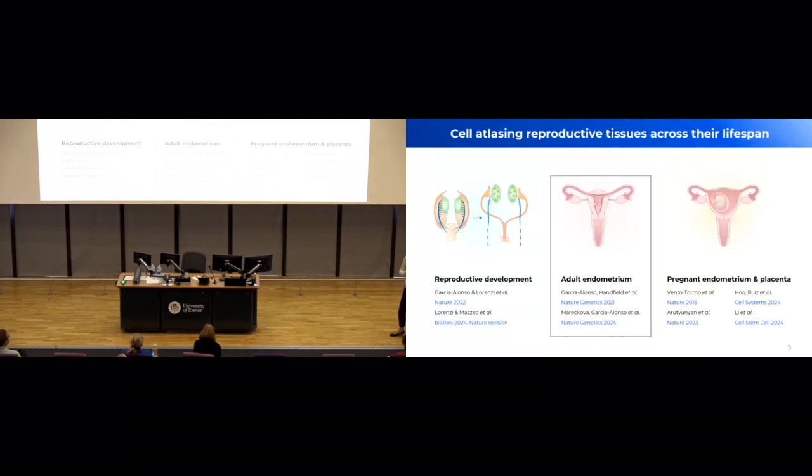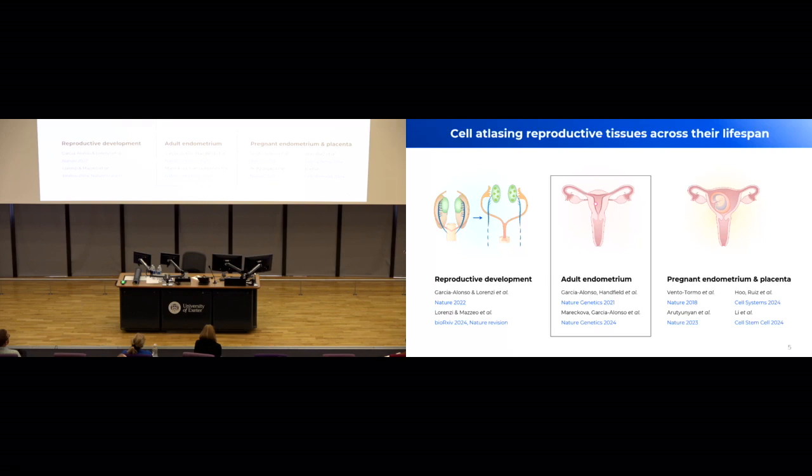At the beginning, we have been focusing on mapping healthy tissues, and not only the immune cells, but also the non-immune cells, because if we want to understand what the immune system is doing, we also need to understand what the other part is doing. We have been looking on purpose across the lifespan, because the reproductive tissues are quite dynamic across the lifespan.